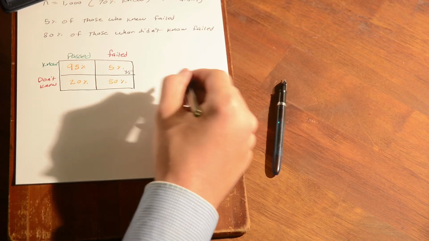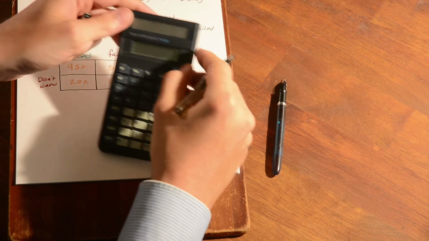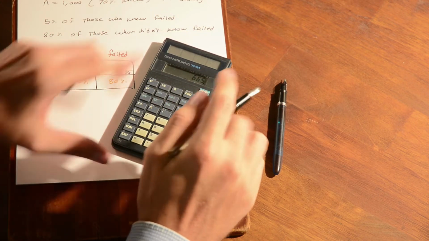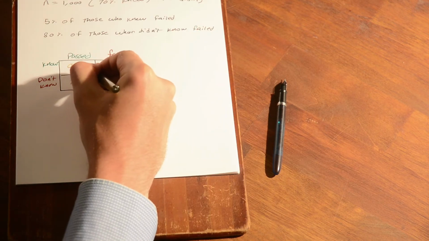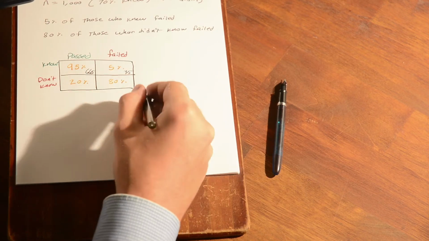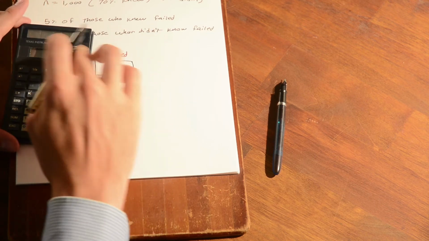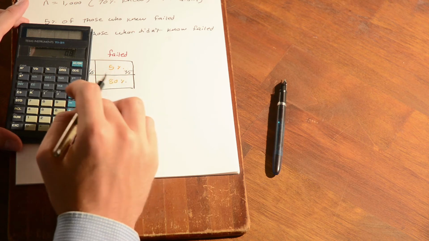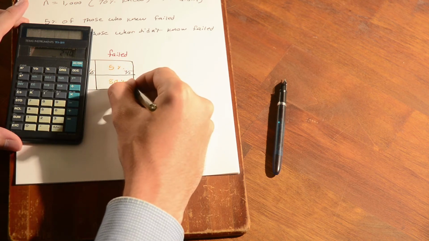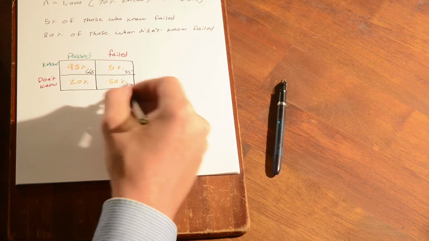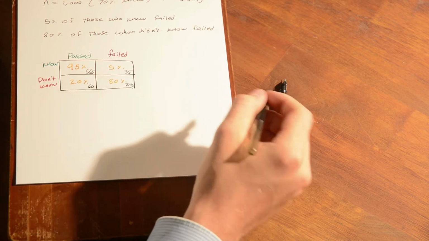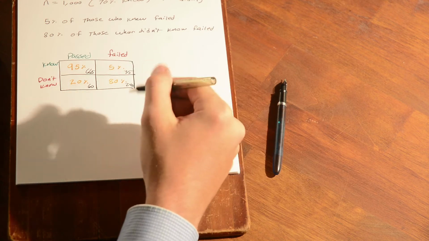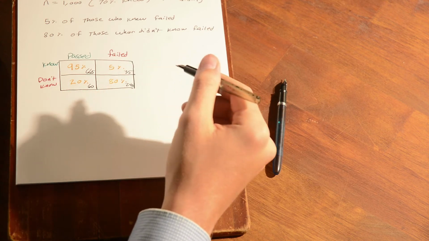And again, that means 700 minus 35 gives us 665. And then if we repeat the same steps down here, 300 times 0.8 for the 80% failure rate gives us 240 people. And over here, this will give us just 60. So this is a breakdown in 2x2 box form of what our Bayesian theorem is going to give us.